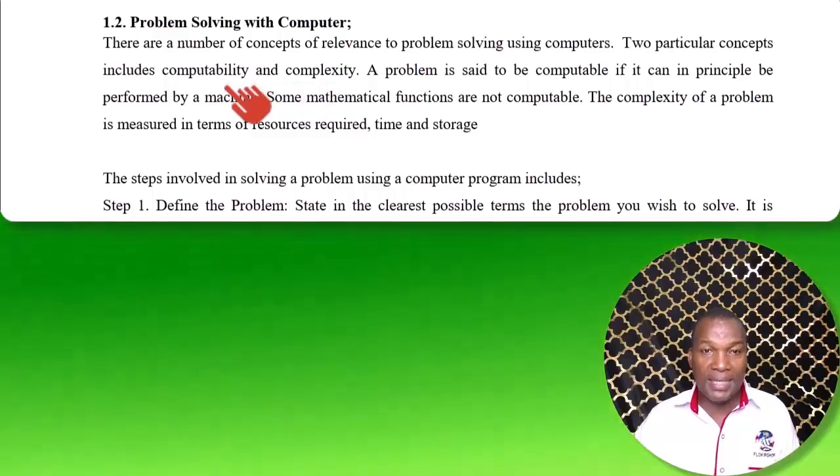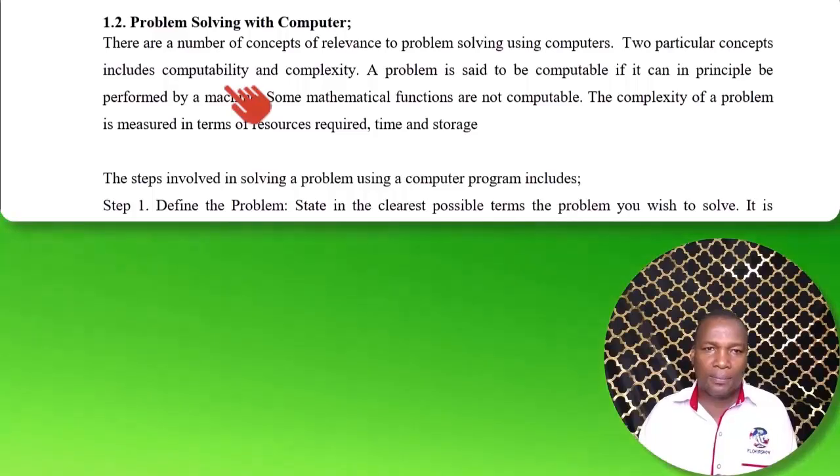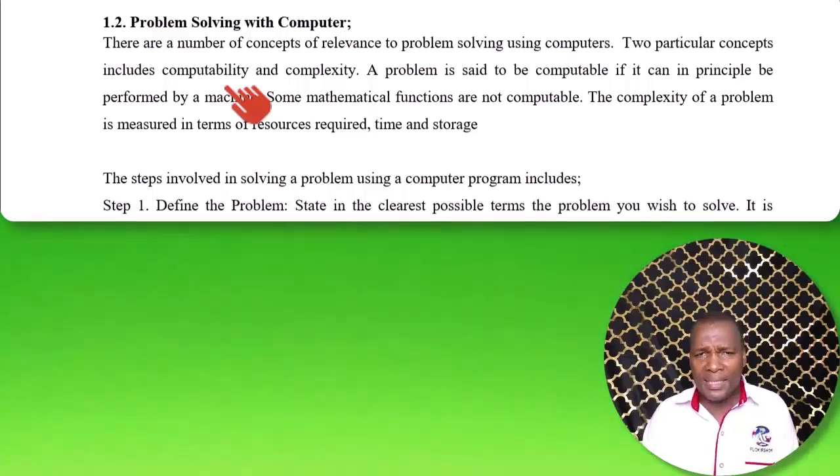Computability asks whether a computer is able to do that. For example, there are some things a computer may not be able to do, like feeling mercy for someone or other emotional actions, like crying on behalf of someone.